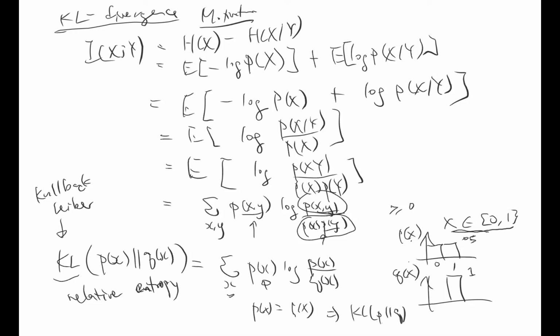Sometimes people use the shorthand PQ here. They call it divergence, because strictly speaking it's not really a metric, not a distance. When people call something a distance, we expect it to be symmetric, so PQ should be the same as QP.